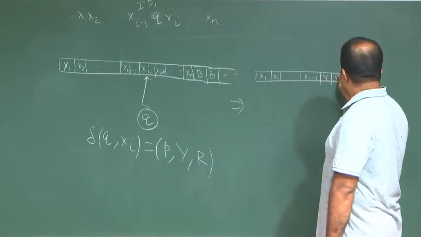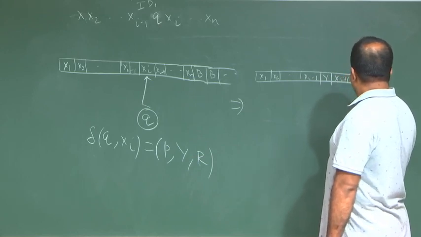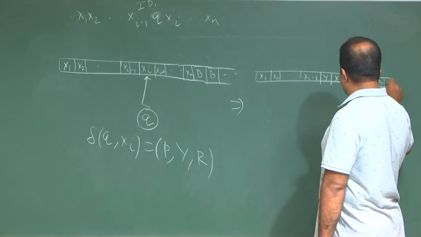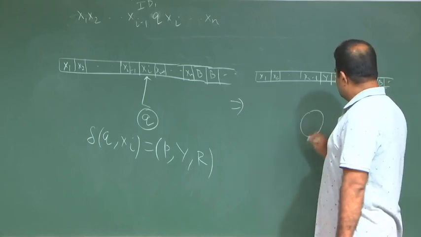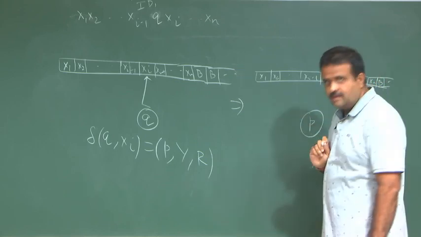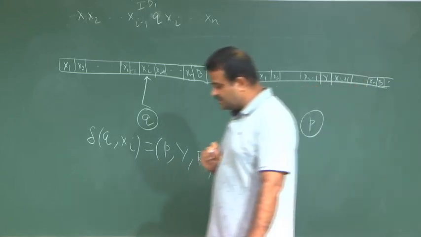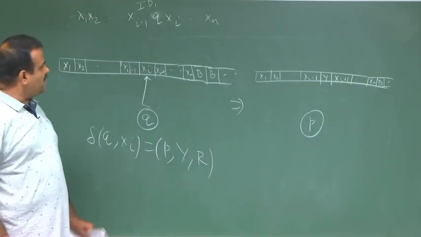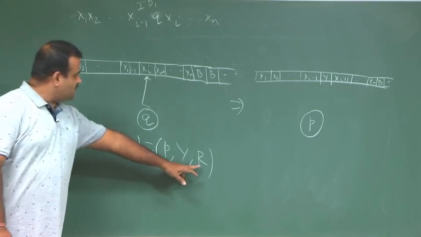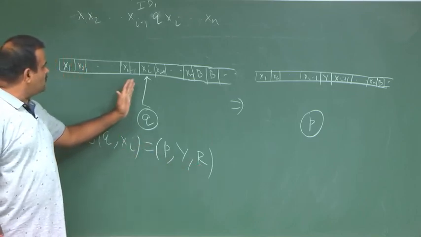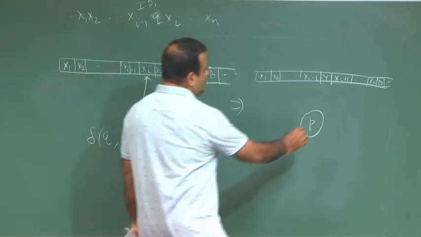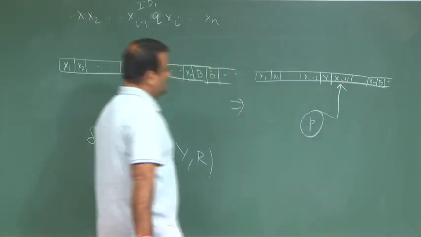So, this is y, this is x I plus 1 dot x m and then we have the blanks over here. Now our state is changed to p, and where will the tape head point? It is the right move, so the head will move to the right. Right means it will go here, so it will point to this location.